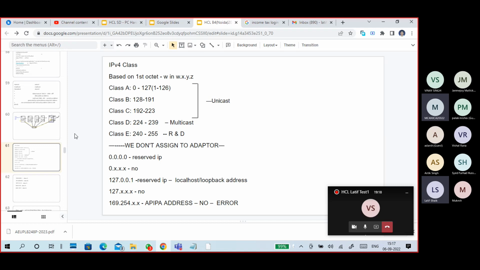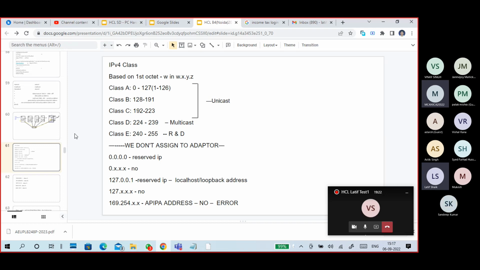Class E is R&D type, meaning we are not using it. We can't assign an IP address to a device from class D and class E. That is important. We cannot assign them.